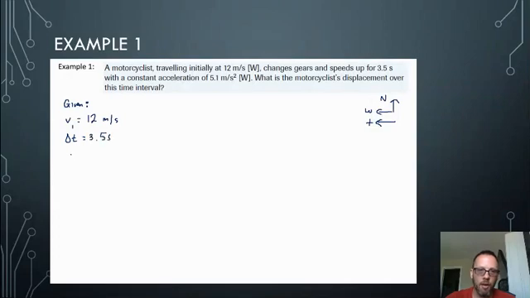With a constant acceleration, so a, 5.1 meters per second west. So it's in the west direction, so I can use positive 5.1. What is the motorcycle's displacement? Looking for delta d. And again, it's in one dimension. I've dropped all the vector signs because it's either west or east, positive or negative.